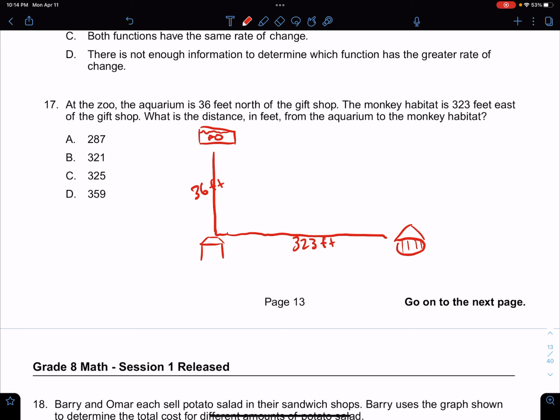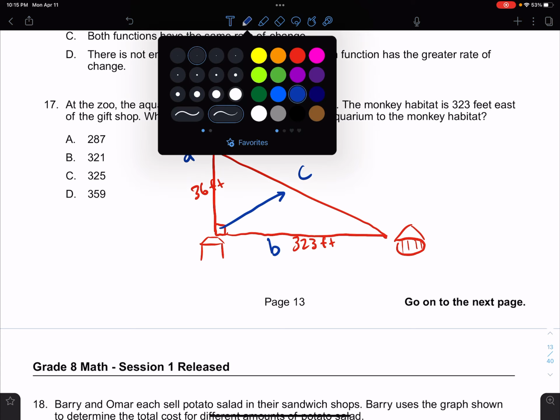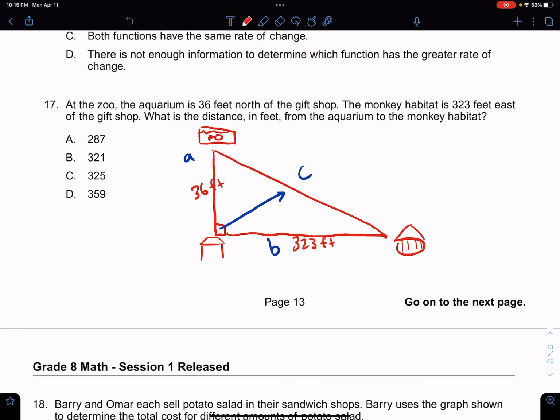It asks, what is the distance between the aquarium and the monkey habitat? I know this is going to be a Pythagorean theorem problem. First I label my sides. I draw a line directly across and label that C, and I label my other two A and B. Then I follow the Pythagorean theorem: A squared plus B squared equals C squared.